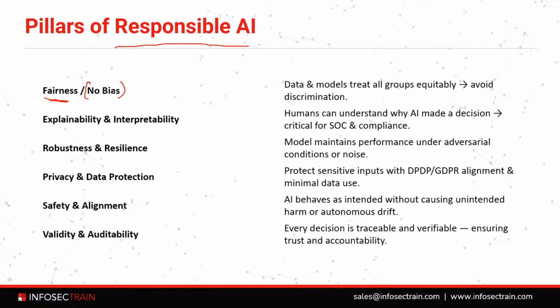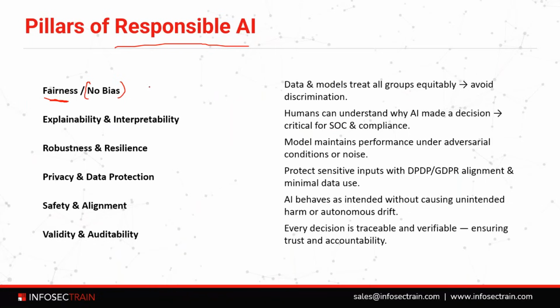All your data and models can show some bias, some discrimination. Just like there was this tool, Amazon Rekognition, where for people of certain races it could not identify them with good accuracy. So all this bias stems from your training data.